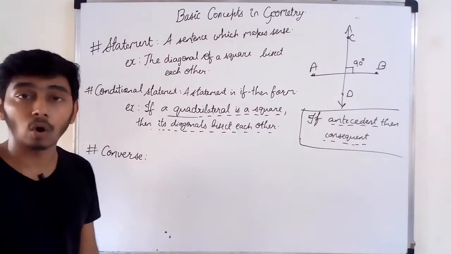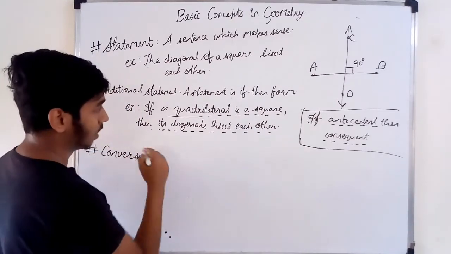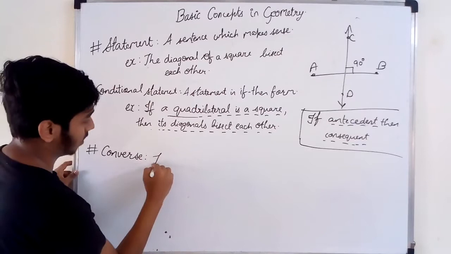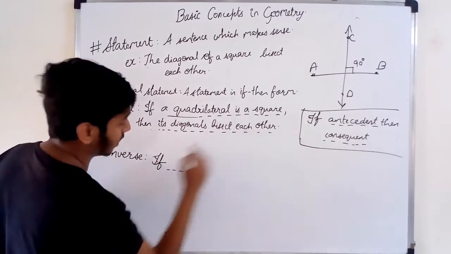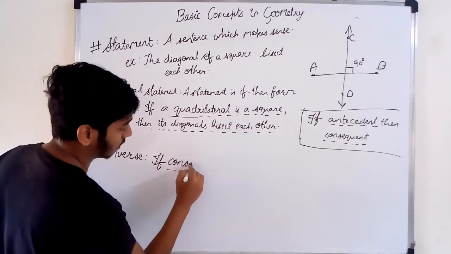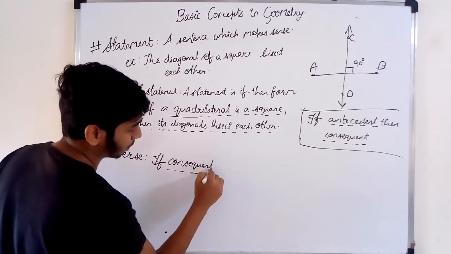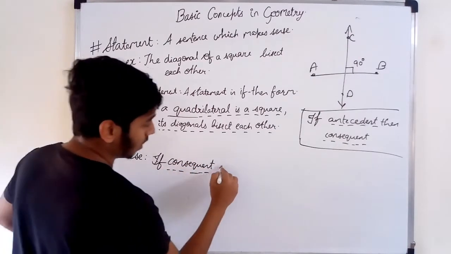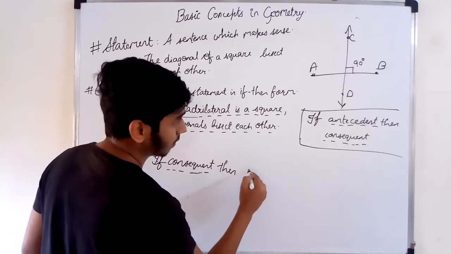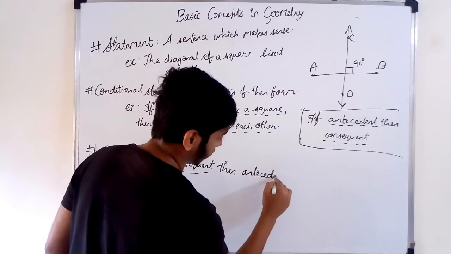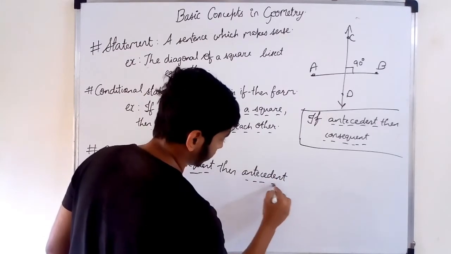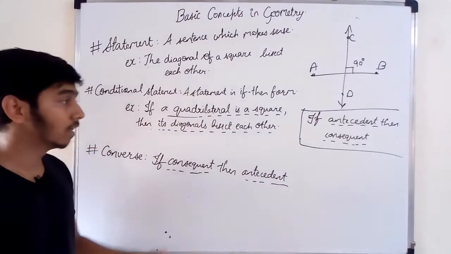Now in the converse, what you do is, it becomes if, then comes the consequent. So what's happening here?